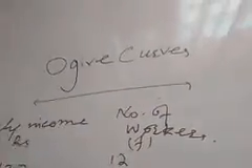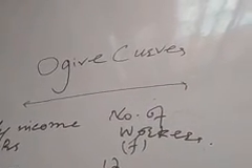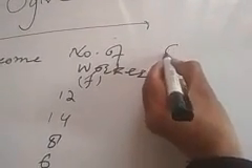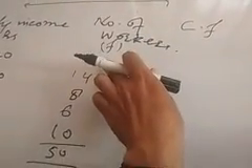This is the daily income, that means class interval, and this is the number, that means frequency. In order to draw a less than Ogive or more than Ogive curve, first of all you have to find the cumulative frequency, as I have told you, by adding up previous frequencies.